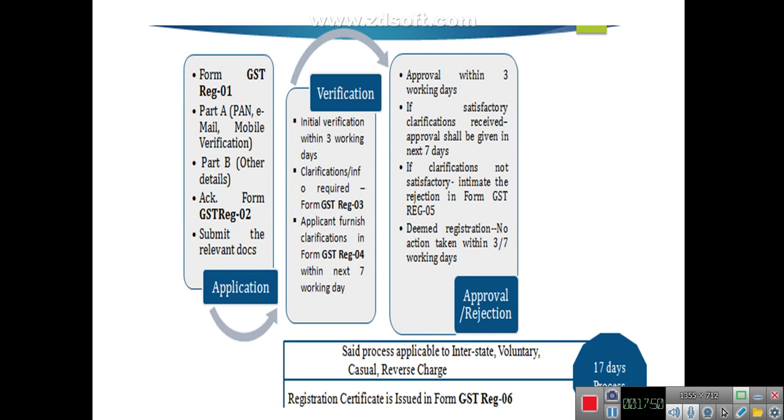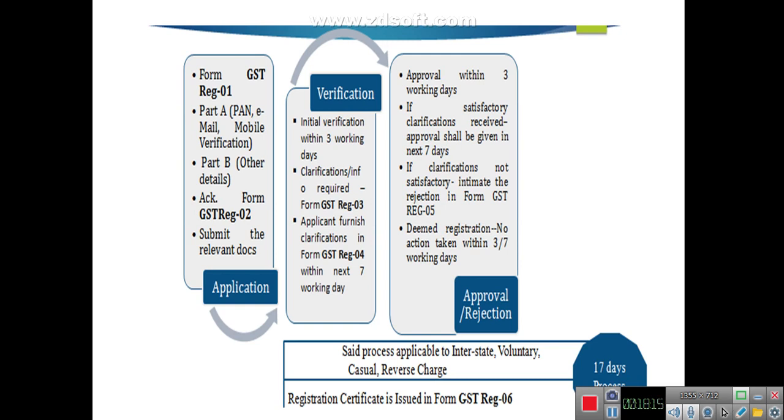Once the application is submitted to the GST portal, an acknowledgement will be issued to the applicant in form GST REG-2, and the applicant will submit all relevant documents on this portal.